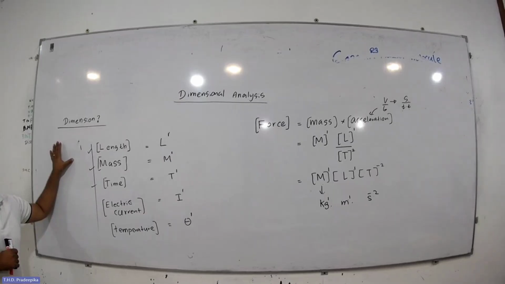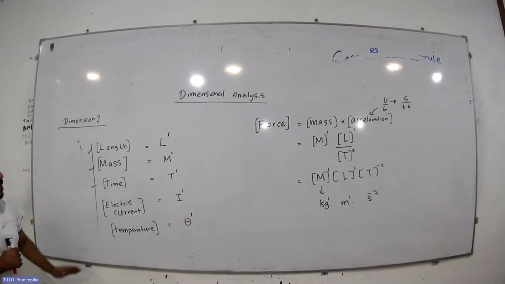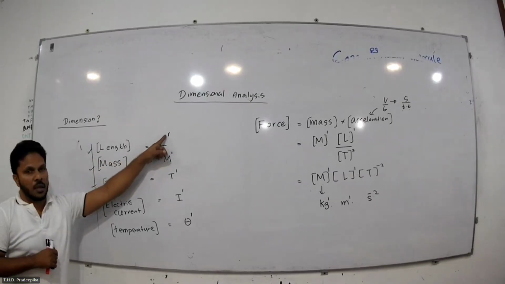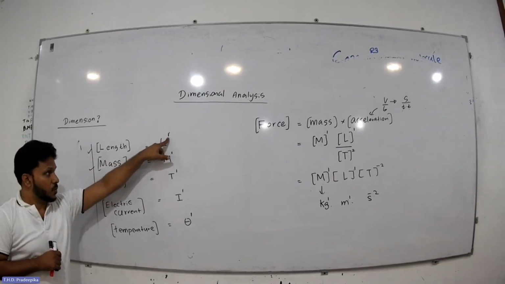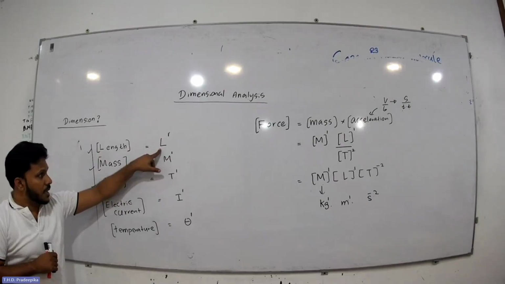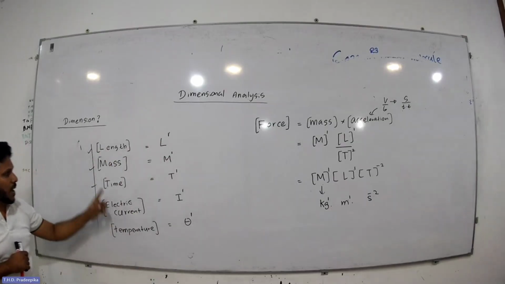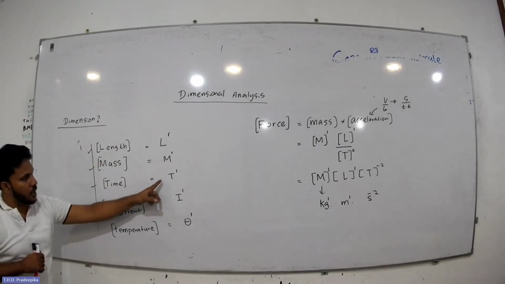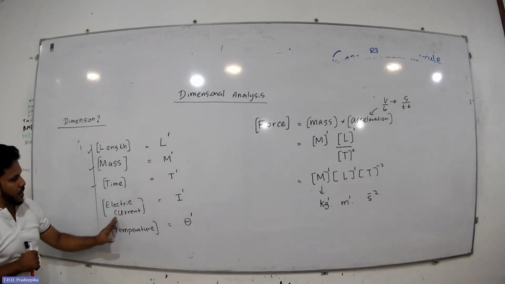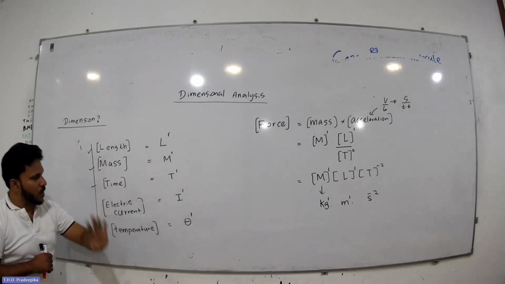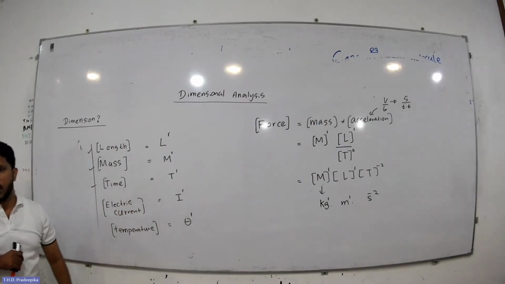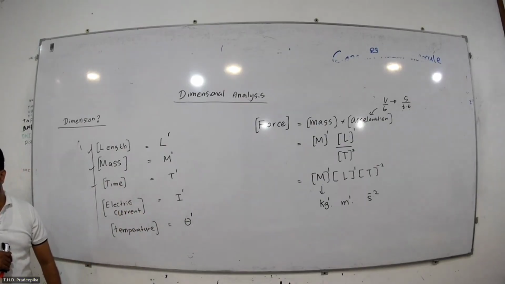So what are the basic dimensions? For length, the symbol is L, with exponent 1. Mass, capital M, exponent 1. Time, capital T, exponent 1. Electric current, capital I, exponent 1. Temperature, theta, exponent 1.